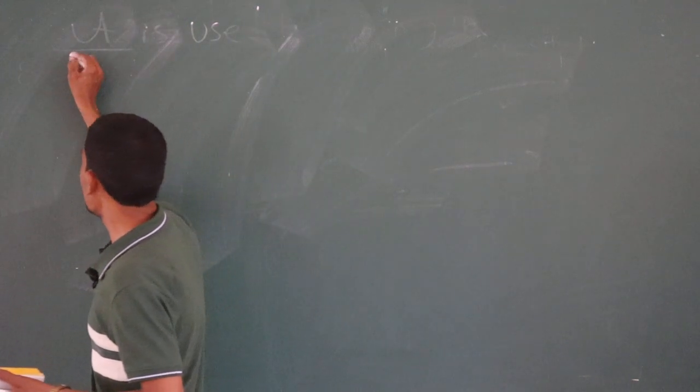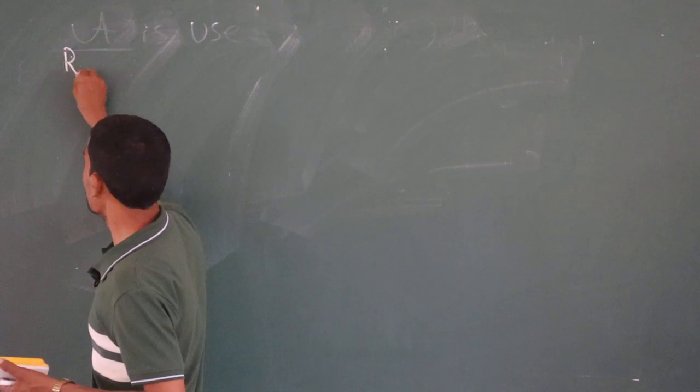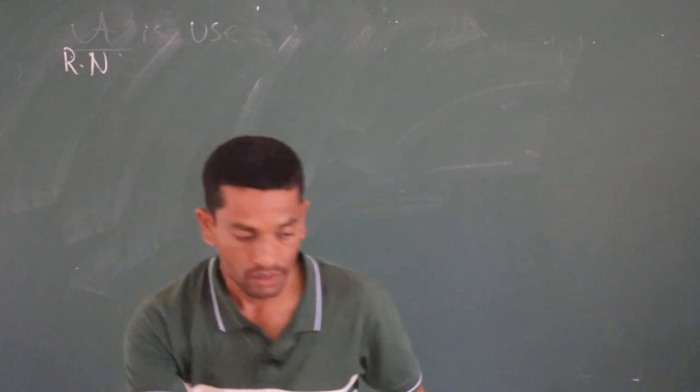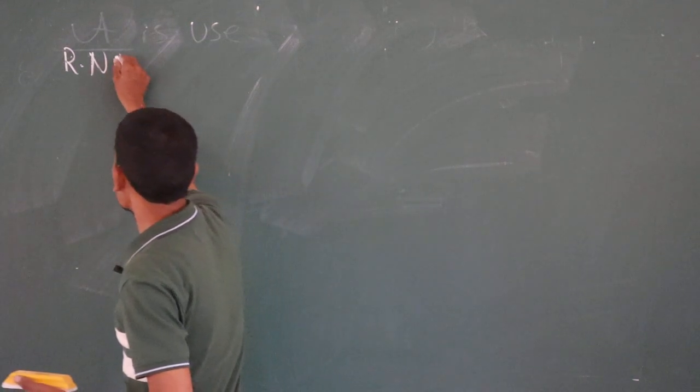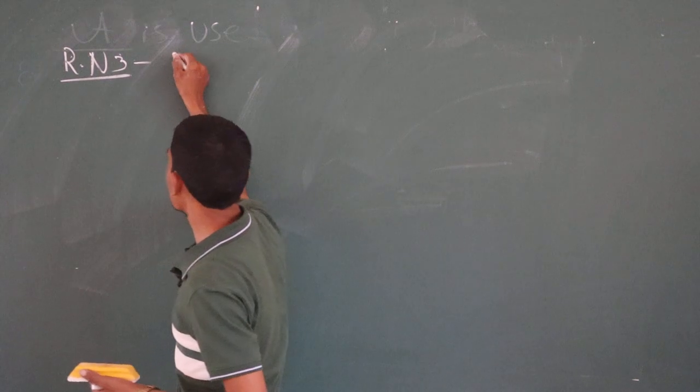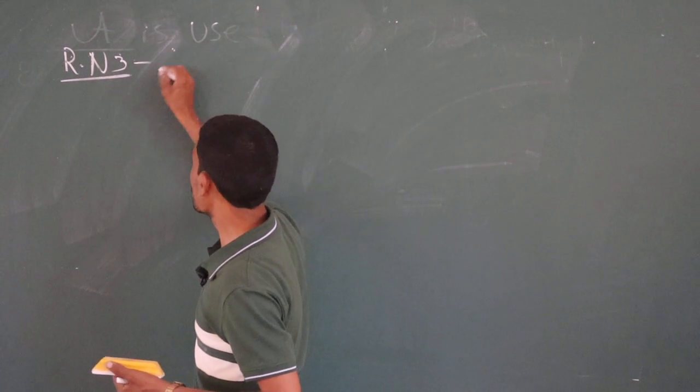Third one, some rules will come. So rule number 3. Some words will come like this.